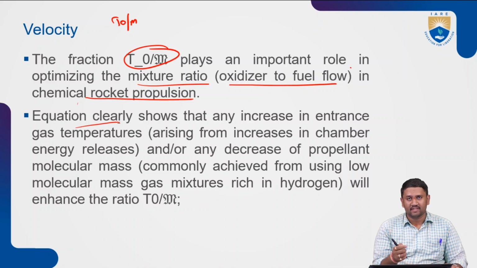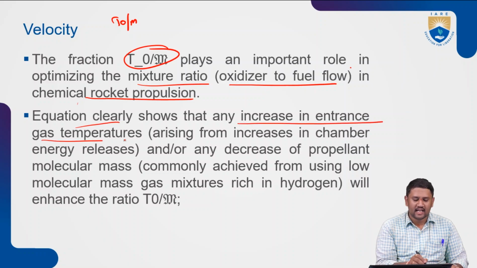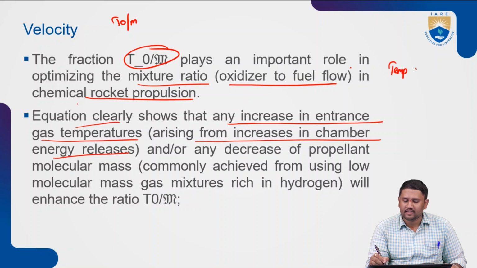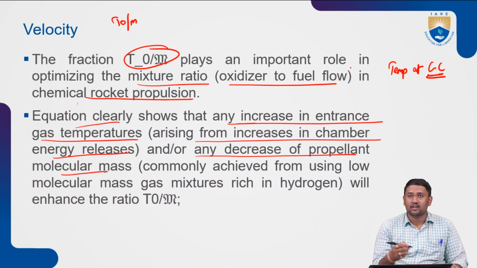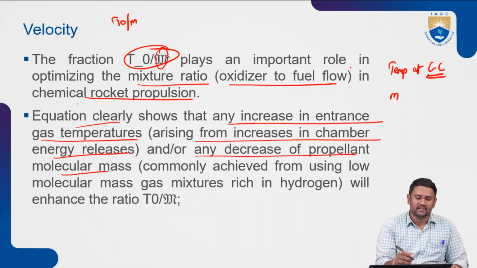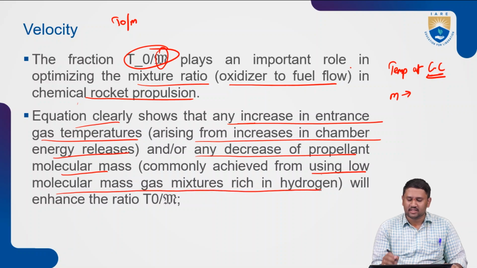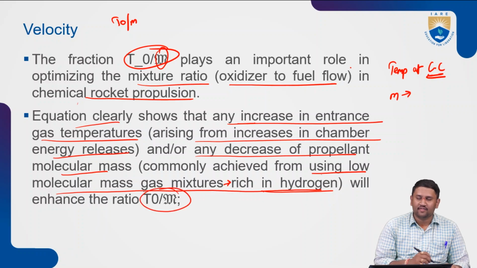The equation that we have previously derived shows an increase in entrance gas temperature, which arises from an increase in combustion energy release, particularly the temperature at the combustion chamber, or from a decrease in propellant molecular mass M, particularly by using low molecular mass gas mixtures, which can also lead to hydrogen-rich mixtures, and this will enhance the ratio T0 by M.